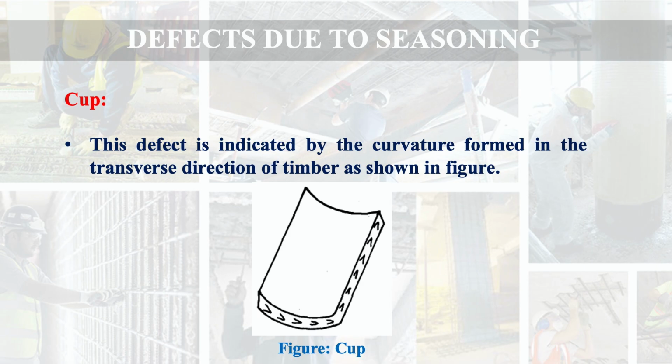The difference between these defects is that in bow defect, the curvature is formed along the length of the member, whereas in case of cup, the curvature is formed in the transverse direction of the timber, and it is somewhat similar to the English letter U. So that is why we call it as cup. You can see this defect in the figure shown here, that curvature is in the transverse direction.